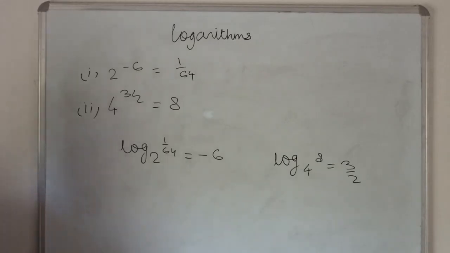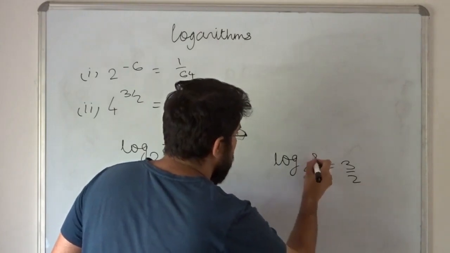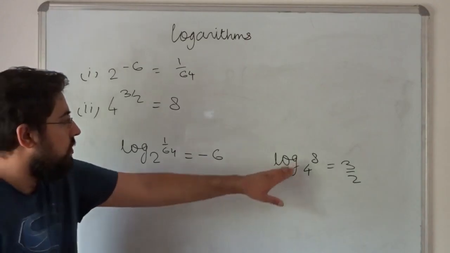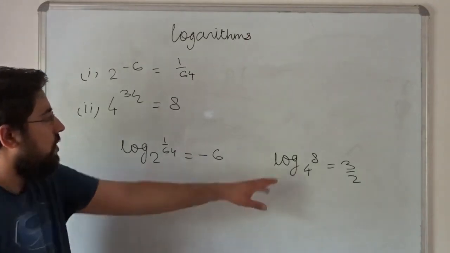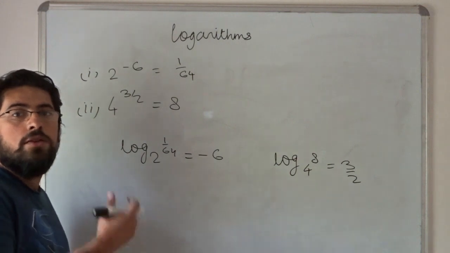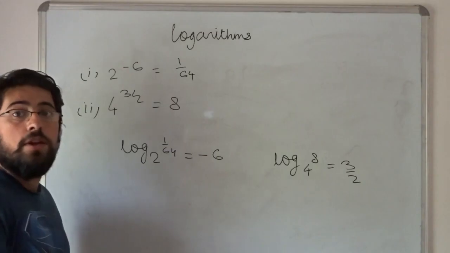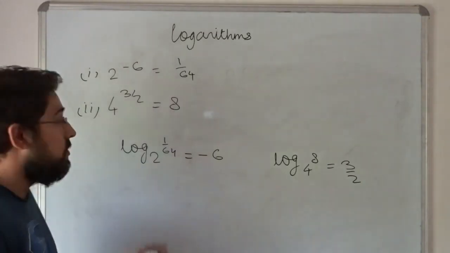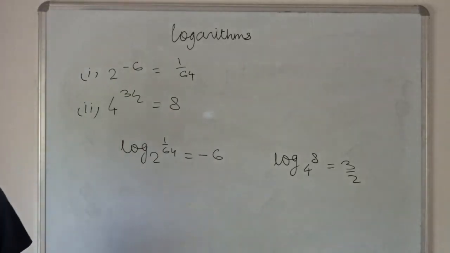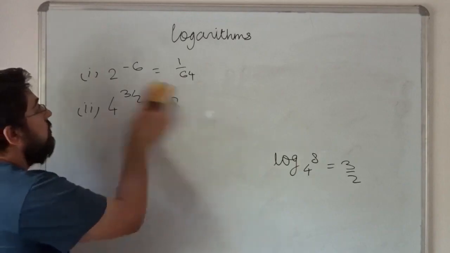Now, most of you who are confused with this, remember one thing: base to the power exponent equals natural number. Just remember that. Okay? I hope you've copied this down.